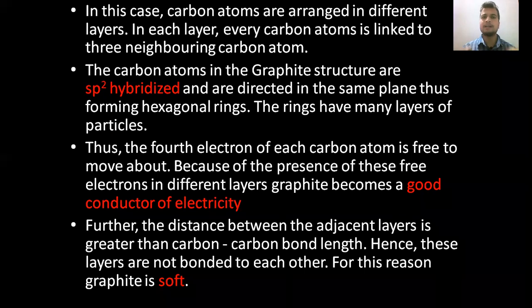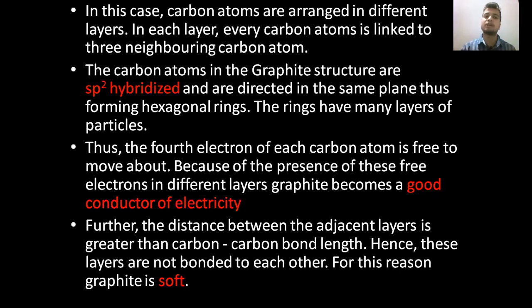Why diamond and graphite, being covalent solids, differ from one another is because of their structure. Diamond is a tetrahedral structure, whereas graphite is a planar structure. Diamond has sp3 hybridized carbon, whereas graphite has sp2 hybridized carbon, because of which diamond becomes very hard, and graphite becomes very soft.